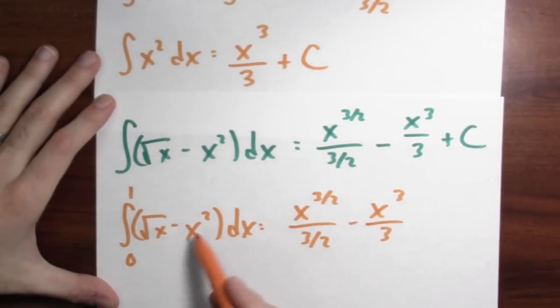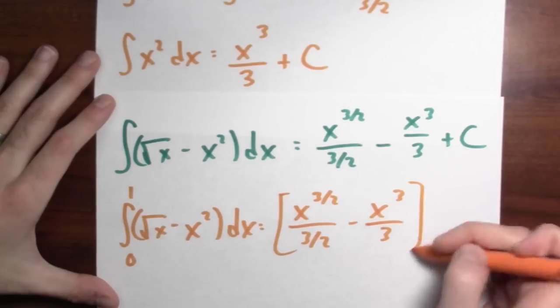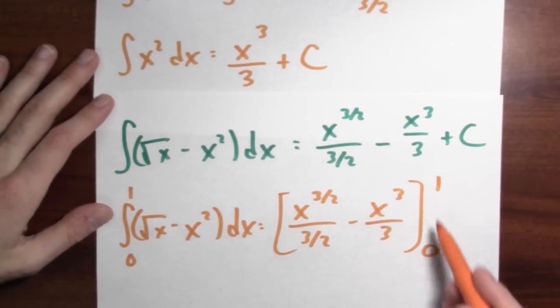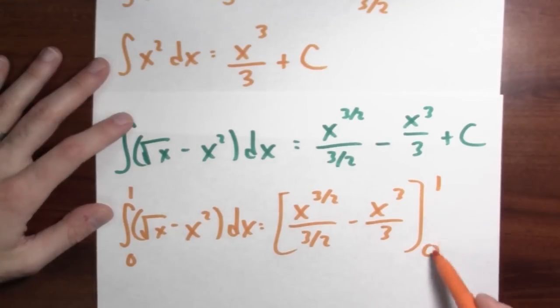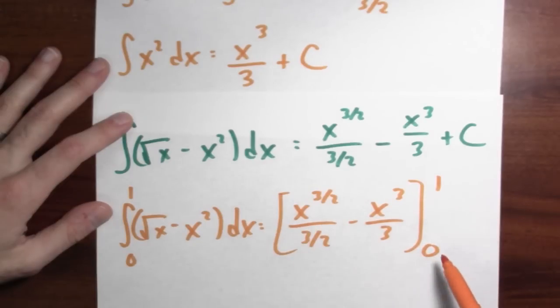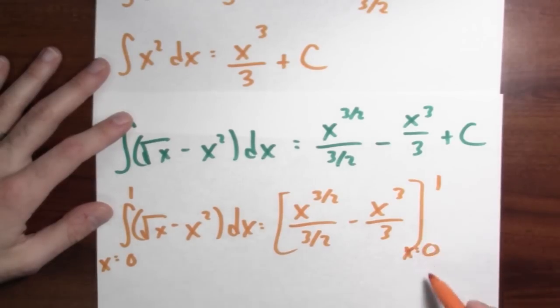That's an antiderivative for this, plus 0 if you like. And then I'll evaluate this quantity at 0 and at 1 and take the difference. So this is a little bit of fancy notation just for plugging in x equals 1, plugging in x equals 0, and finding the difference. And if I want to emphasize what I'm plugging in, I might write even x equals 0 here just to emphasize that x is the variable that I'm working with.